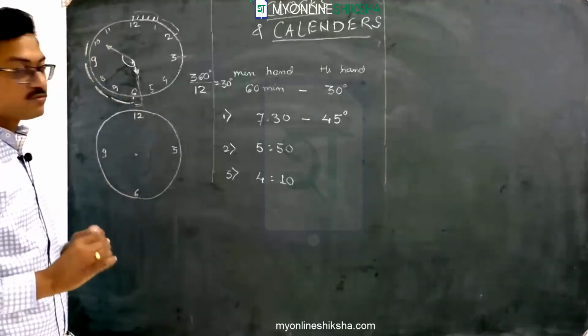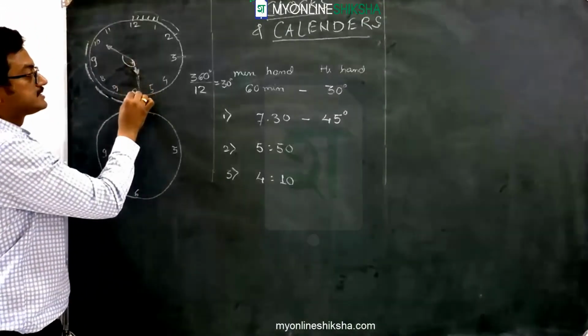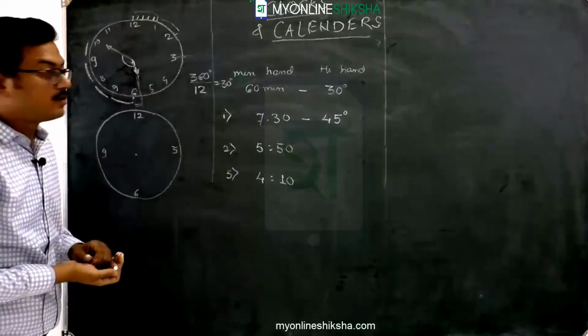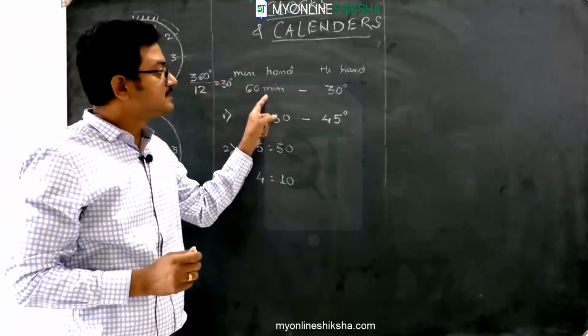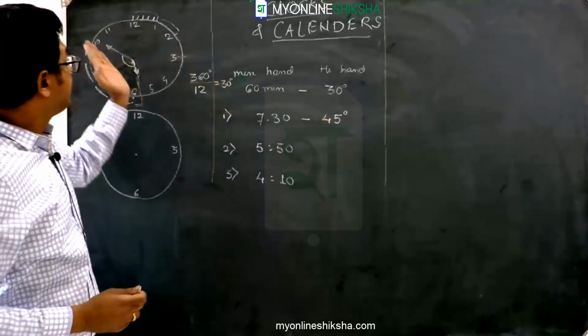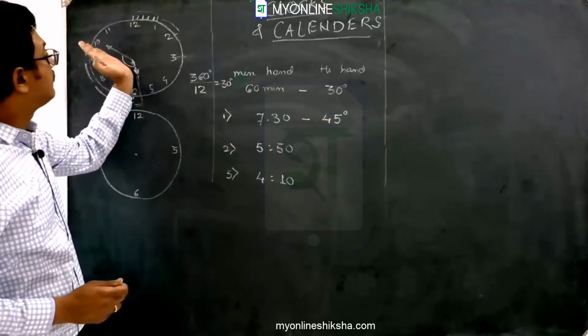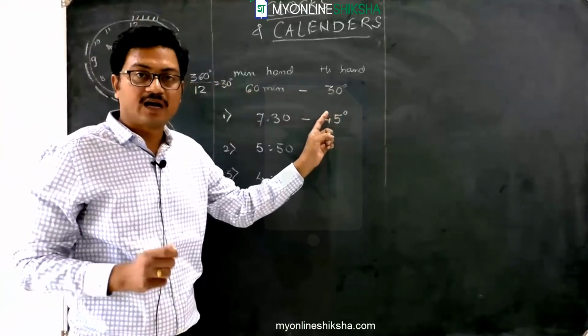One of the predictions you can make is this hour hand will come at 6 after 10 minutes. Now as per this ratio, when minute hand moves 60 minutes, hour hand moves 30 degrees. Now our minute hand has to move 10 more minutes. 10 minutes for our minute hand means 5 degrees for hour hand.